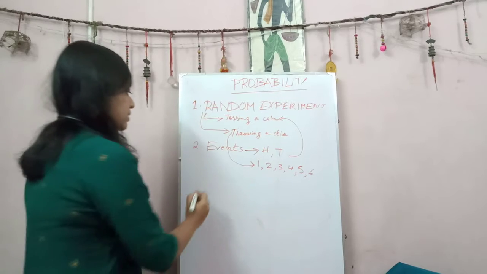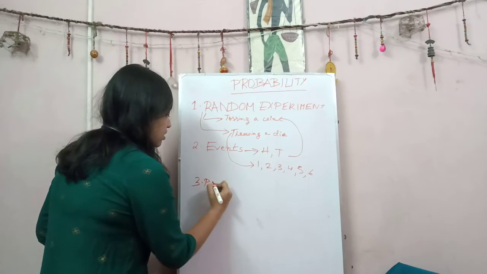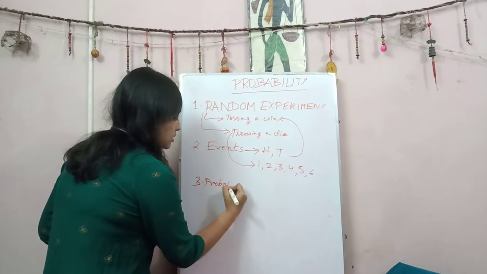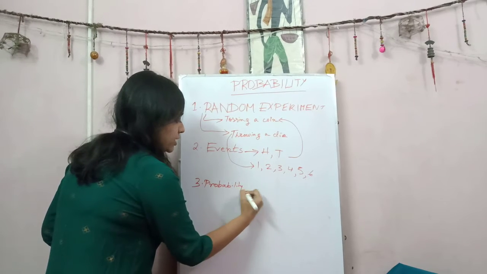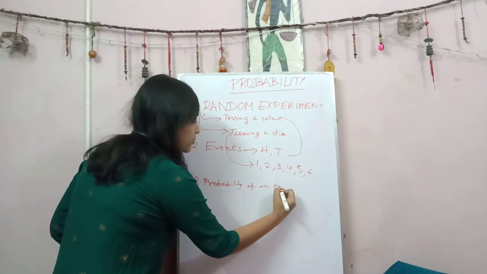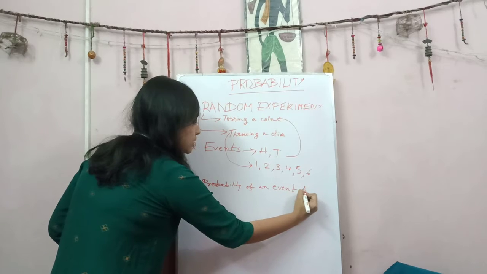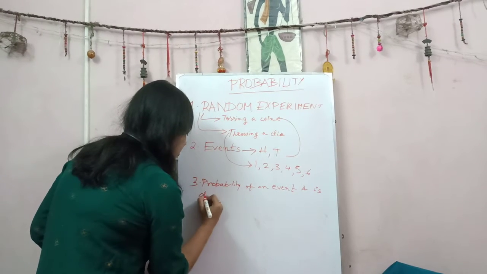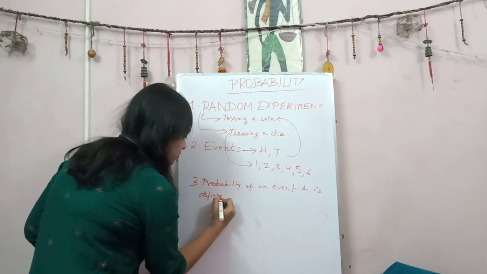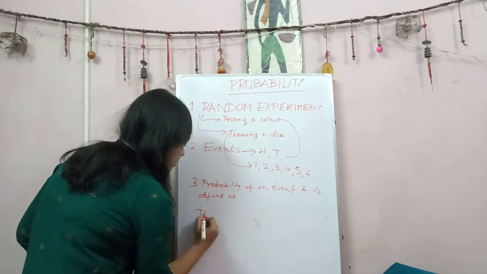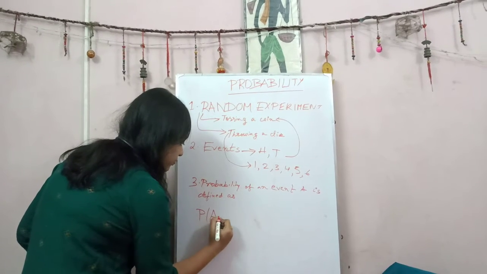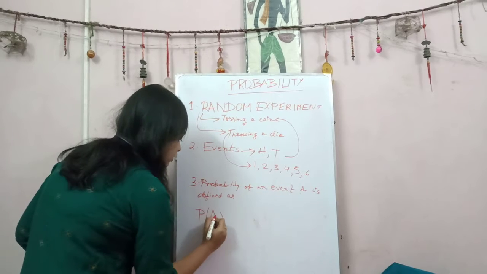Now what is probability? The probability of an event A is defined as P, in braces we write A. A is the event.